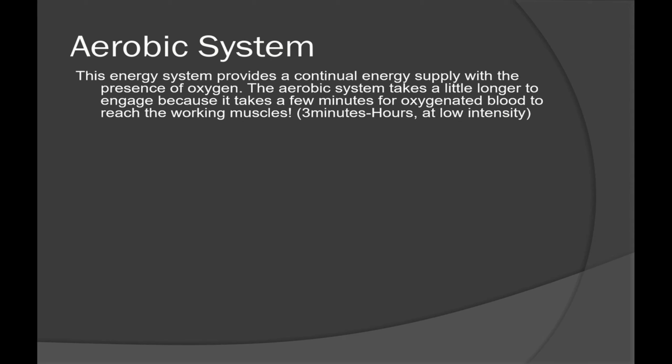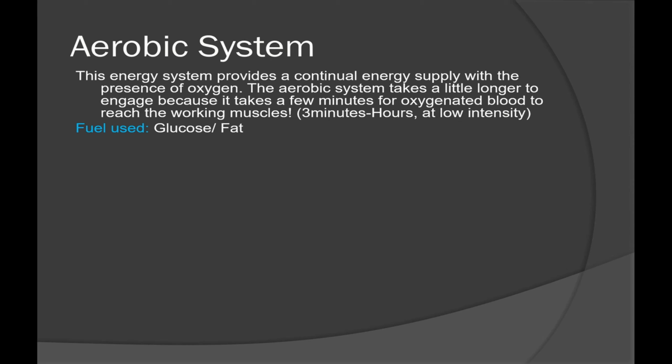Okay, now we've mentioned with energy system 1, the ATP-PC system, and the lactic acid system, we've got energy resynthesis covered up to about 3 minutes. So more often than not, if we want to extend our activity, extend our exercise at moderate to low intensities beyond that 3-minute mark, then we're going to rely predominantly on the aerobic system in which to resynthesize ATP.